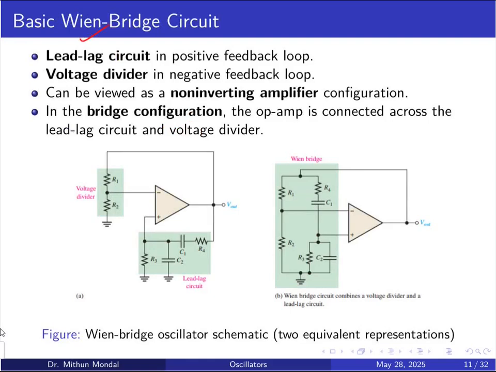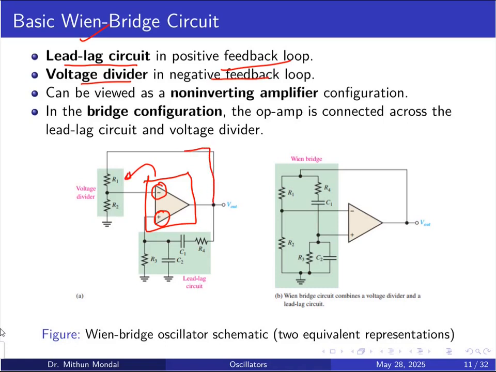The basic Wien bridge oscillator has a lead lag circuit in the positive feedback loop and a voltage divider in the negative feedback loop. So here you can see the op-amp, where the inverting terminal, which is the negative feedback, is given with a voltage divider.